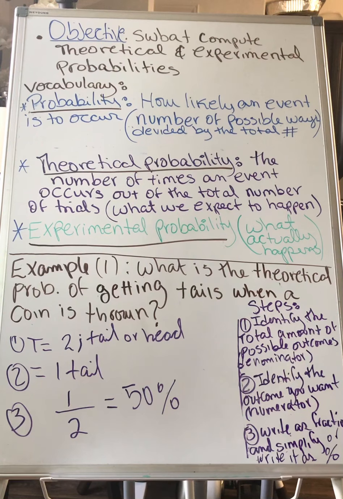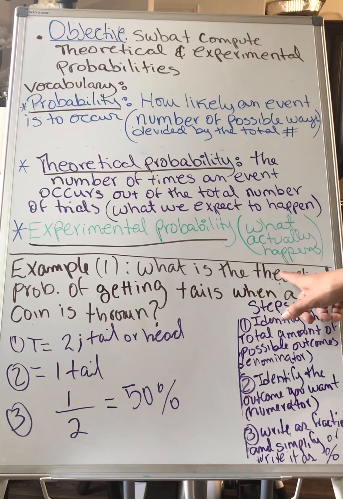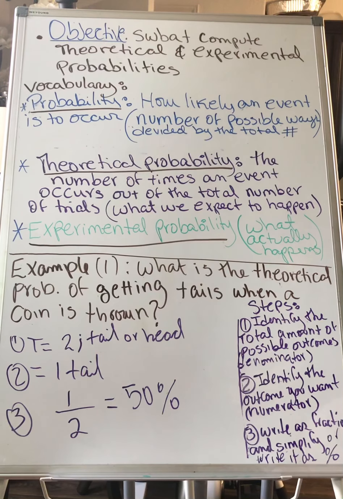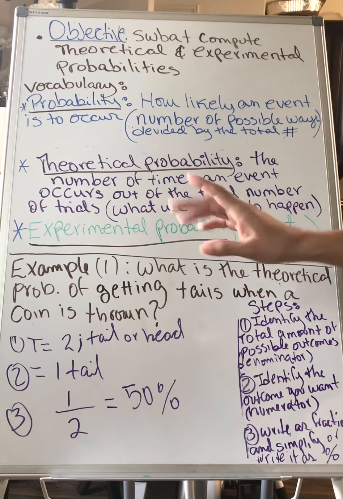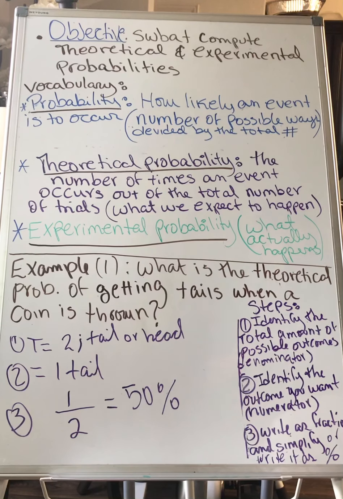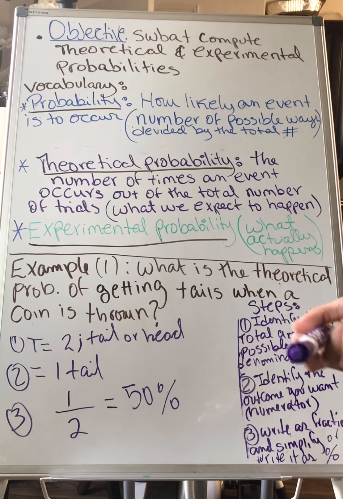Now I want you to find on your own the probability of getting tails if you were to do an actual experimental probability. For experimental, you have to try it a few times. Go on your own and see if it's true that the chances are 1/2. Maybe not all the time.